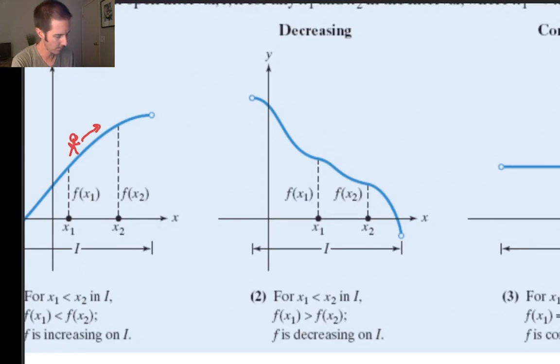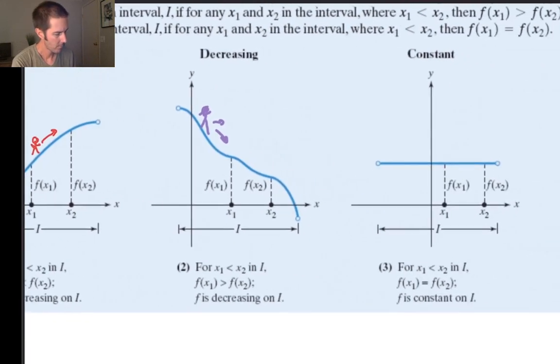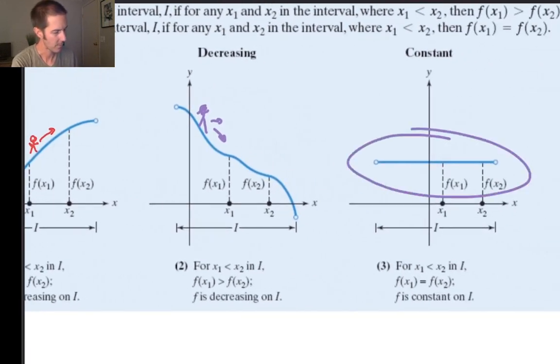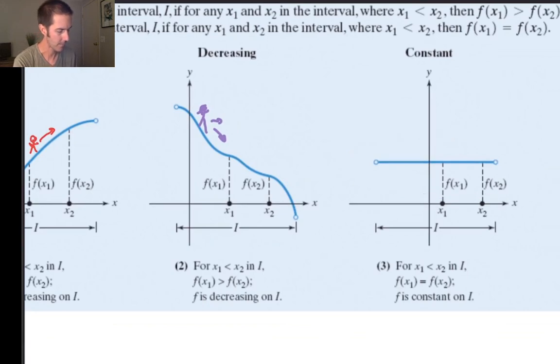His elevation is increasing. And over here, I have another friend with long legs. She's very tall. Her hair is there. And as she moves from left to right, she's walking downhill. And so this function is decreasing. And here, I always think of this as Florida because it's flat. So that's a constant function.